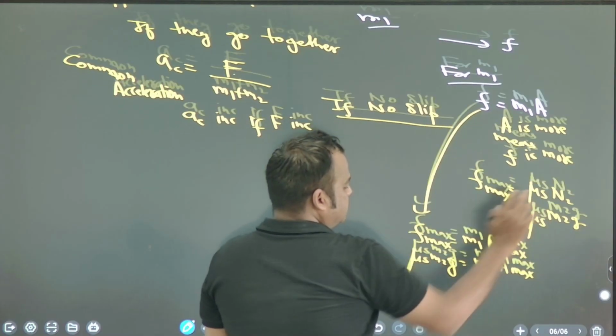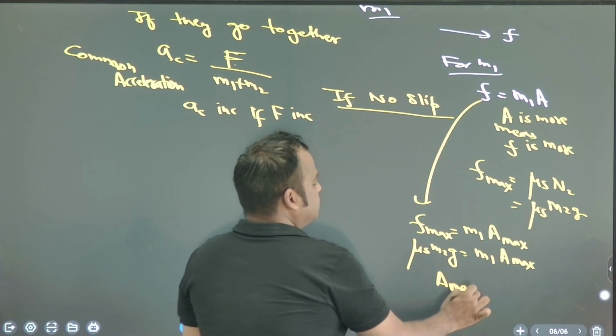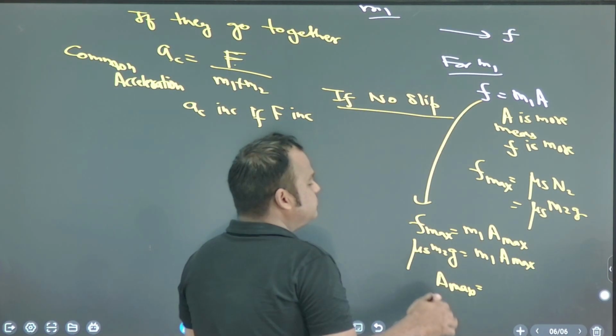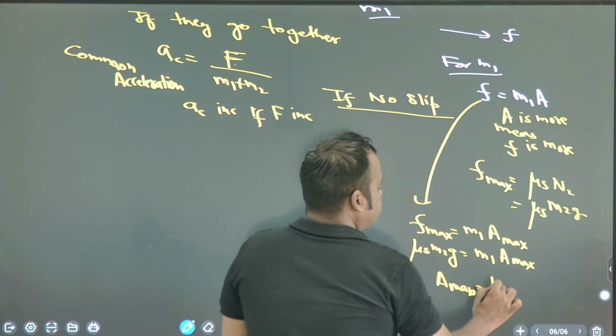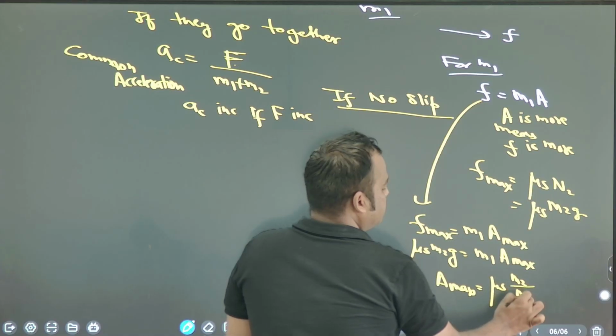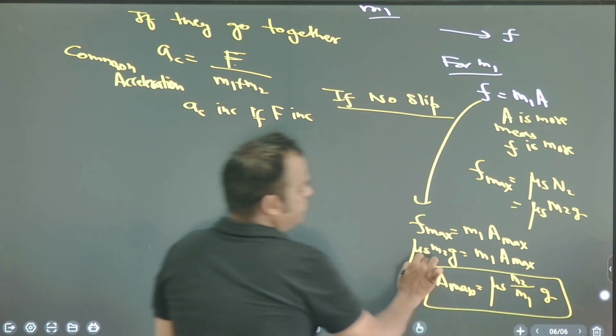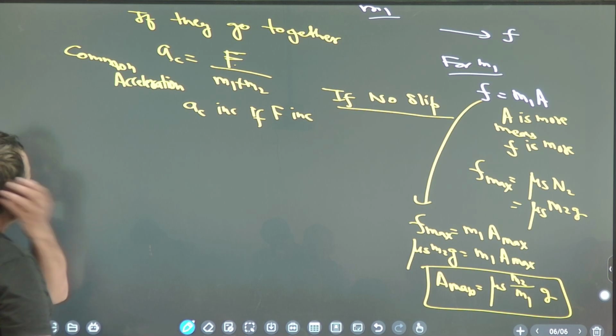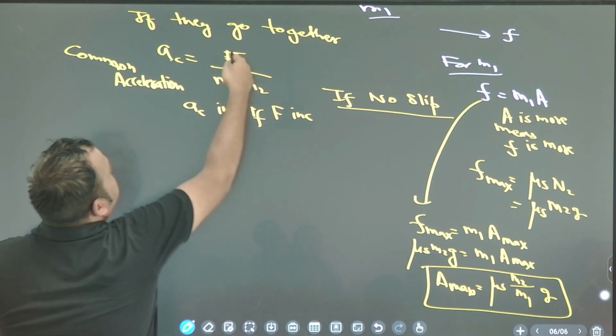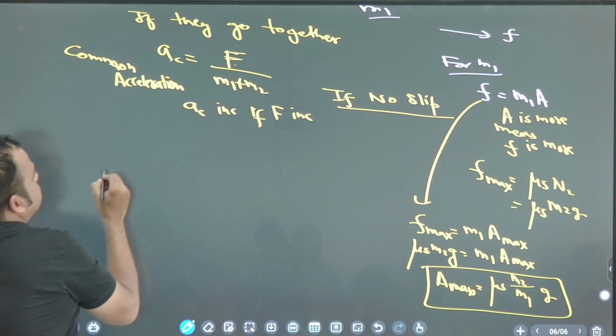So what is A max? Mu s M2 by M1 G. Okay, this is the formula, A max. So what is capital F max?